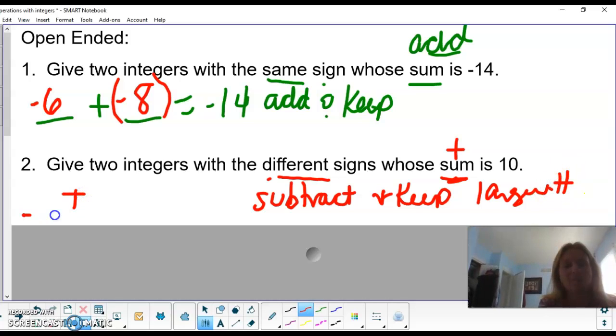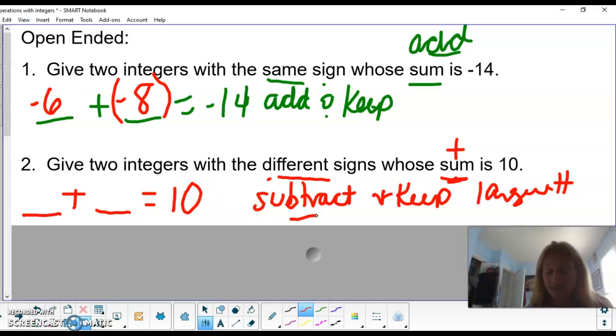So we have to come up with numbers with different signs that when we subtract them, we get 10. So when we subtract them, because different signs we subtract. So let's say 20 minus 10, 25 minus 15, 10 minus 2, 14 minus 4, all of these numbers, when we subtract them, we get 10, but they have to have different signs.